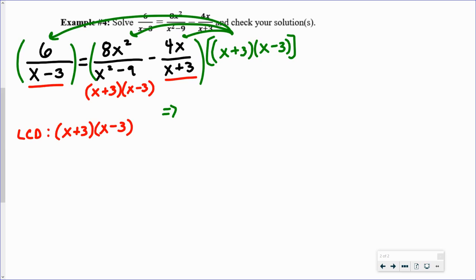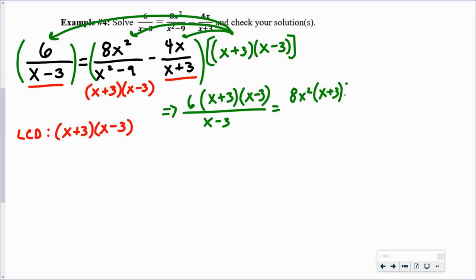All right, so we've got 6 times x plus 3 times x minus 3 all over x minus 3. That's going to equal 8x squared times x plus 3 times x minus 3.